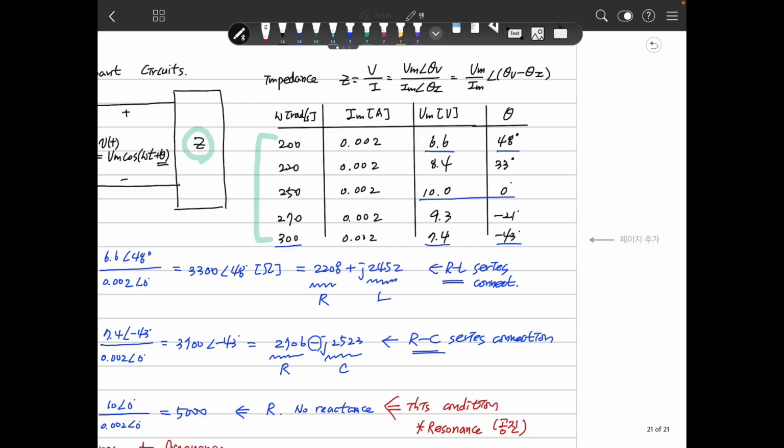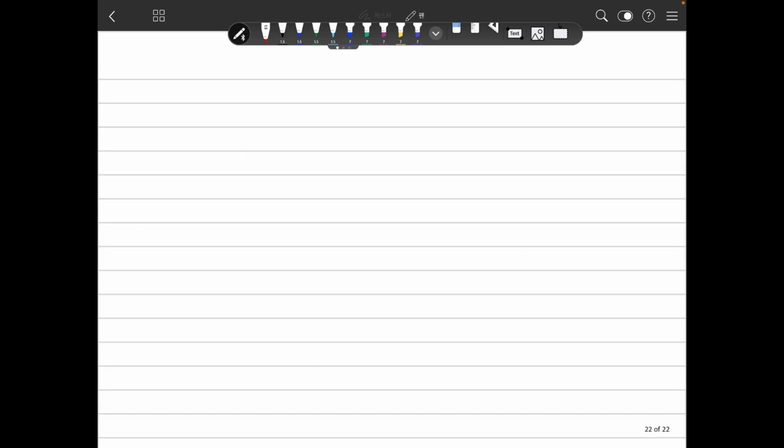So we can derive the resonant circuit here. At first is the parallel resonant circuit, in Korean 병렬 공진회로.